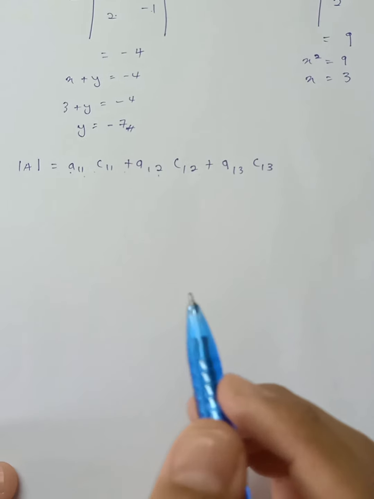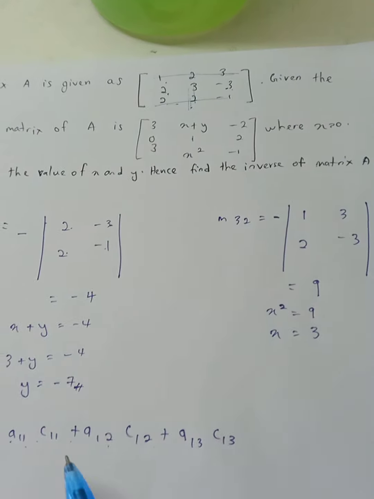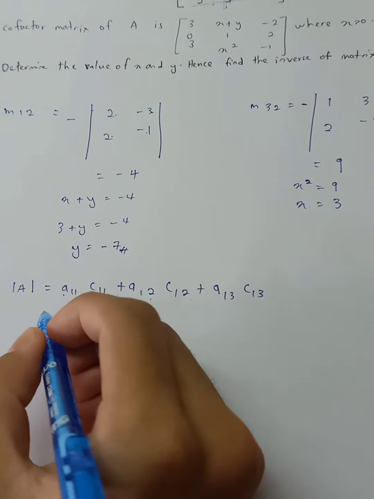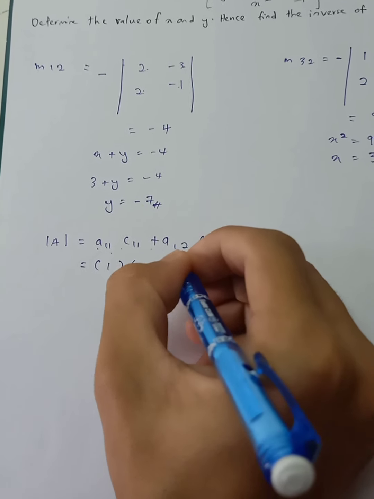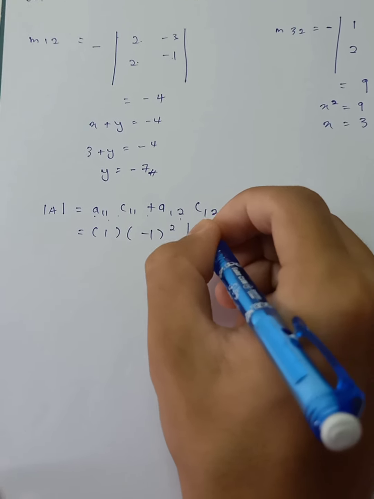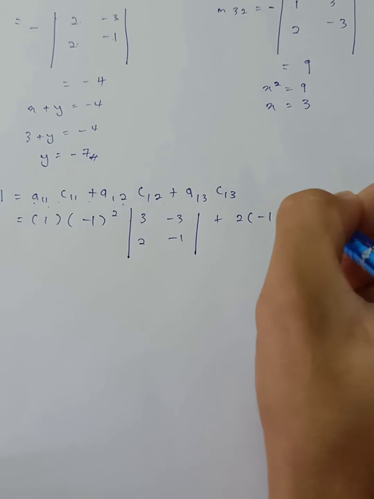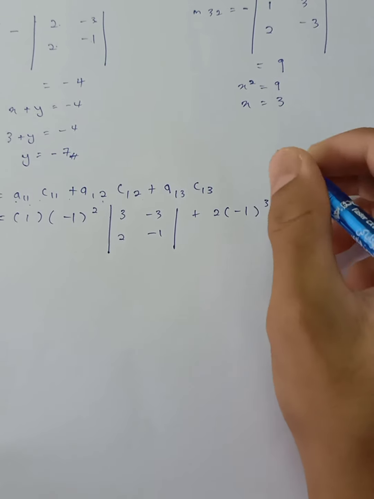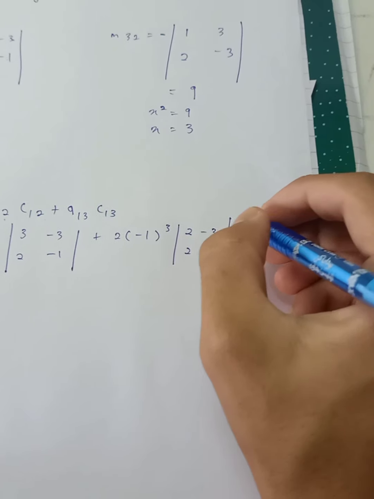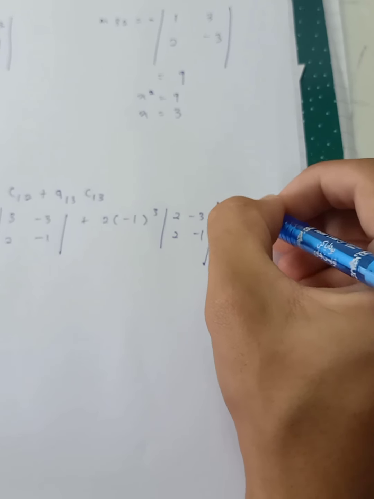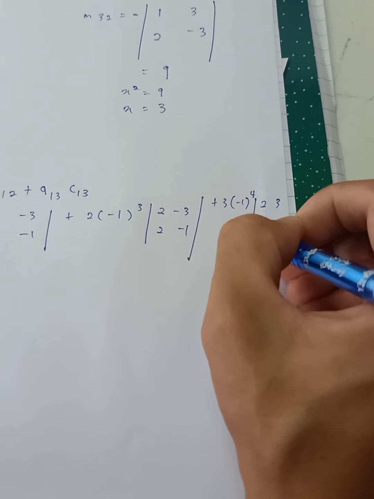This is the formula for the determinant. We substitute the values from the given matrix into the formula here, with negative 1 to the power of the sum of indices, times the minor matrices.